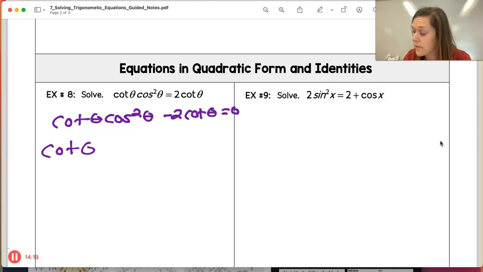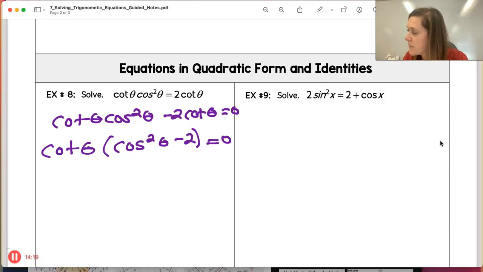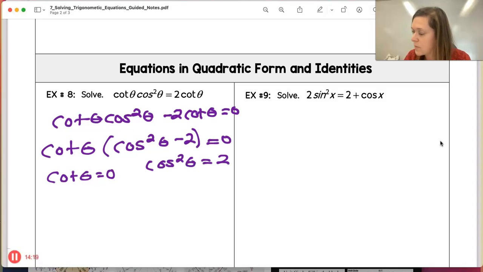Factor out a cotangent theta, leaves you with cosine squared theta minus 2 is equal to 0. Now I can use my zero product property, right? So we have cotangent theta needs to equal 0, or cosine squared theta needs to equal 2, but when I square root that, I get cosine theta needs to equal plus or minus square root of 2.